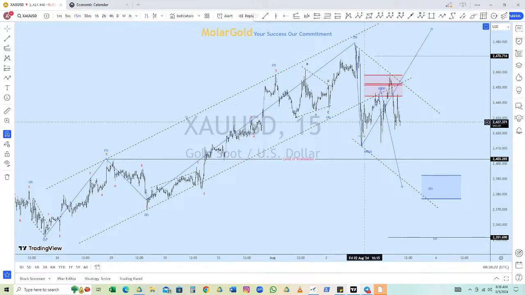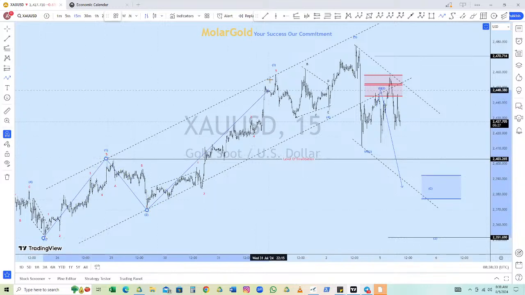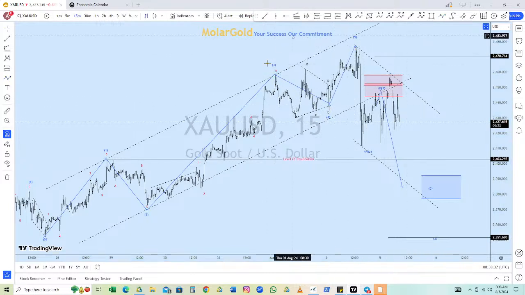Nothing is wrong with this count. It's perfectly correct. And nothing is wrong with this count either: wave 1, 2, 3, 4, and 5. This is also correct. So guys, it's very simple.